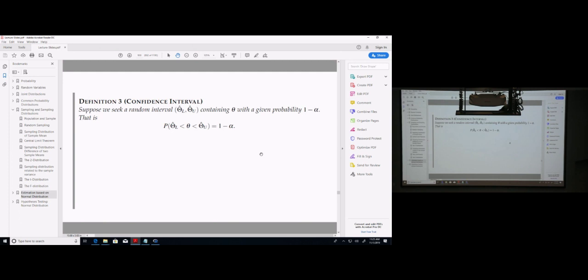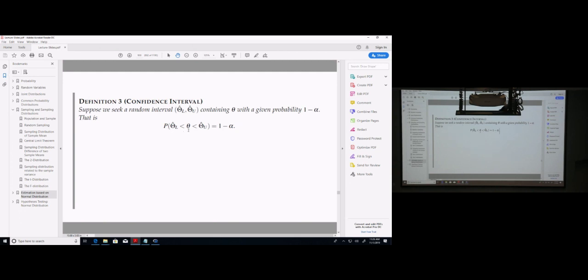And we want alpha to be small. Unfortunately, this is how people write, but it is going to be consistent with our notation using the upper tail cutoff. So I want alpha to be small, meaning that with very good probability, which is 1 minus alpha, the interval that we constructed, which is random, will capture theta.